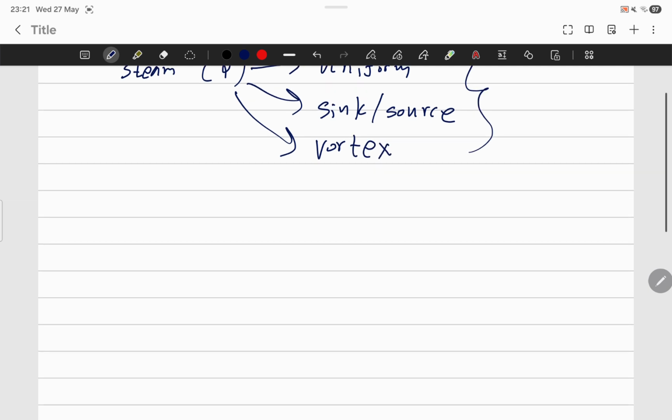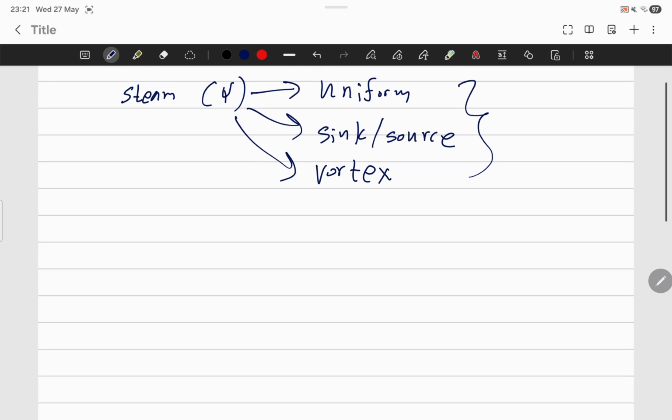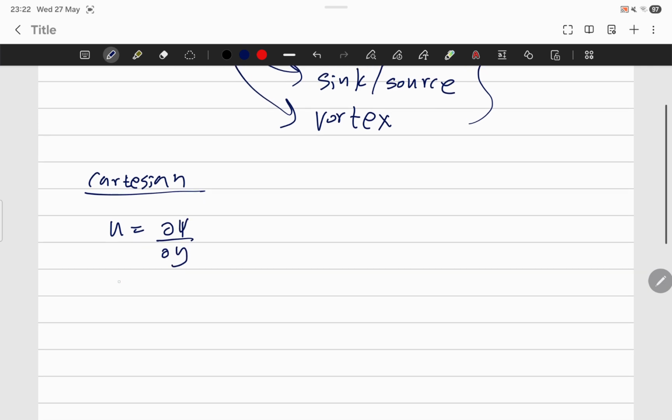So let's write what is the formula, right? So let's say for the Cartesian, generally u is partial psi over partial y, right? So v is partial psi over partial x with minus, right? So this is the Cartesian.